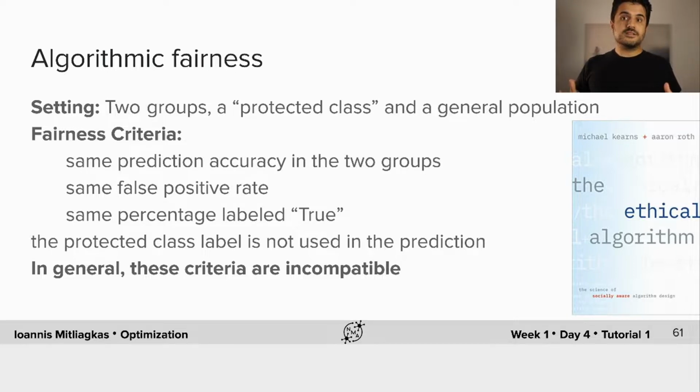So a very interesting result from the early days of this discipline is that these criteria that I just enumerated are incompatible. That means that it's mathematically impossible to simultaneously satisfy or optimize all of these things: to have the same prediction accuracy in the general population and protected class, to have the same false positive rate, for example, and have the same percentage level of true, etc. So there's always some tough decisions to be made, decisions that are not technical, okay?